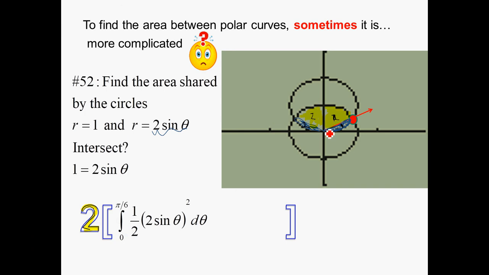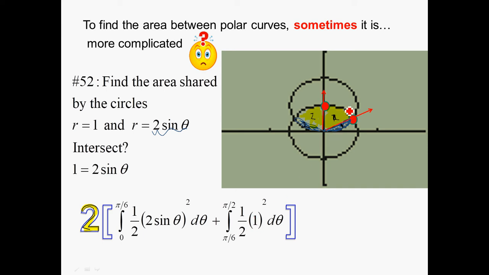I want to start radiating at pi over 6 and finish where? There. What arc is that? From pi over 6 to pi over 2, 1/2 of what?